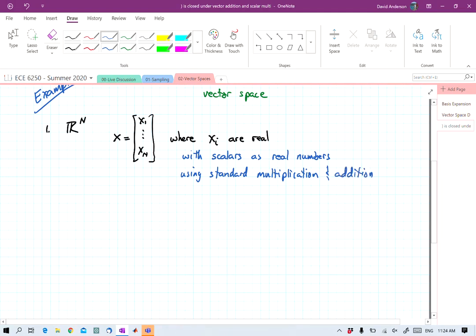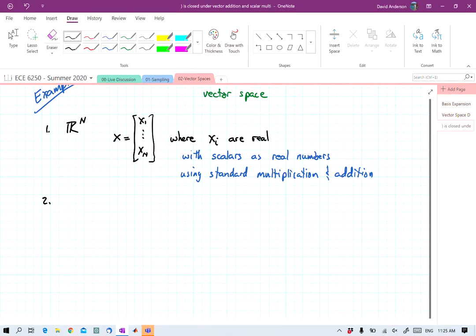So a question for you. What would happen if we had Rn shown here, where x is now equal to a column vector of n real numbers, but the scalars were actually the complex field? Would this be a vector space? The answer is no, because it's not closed.